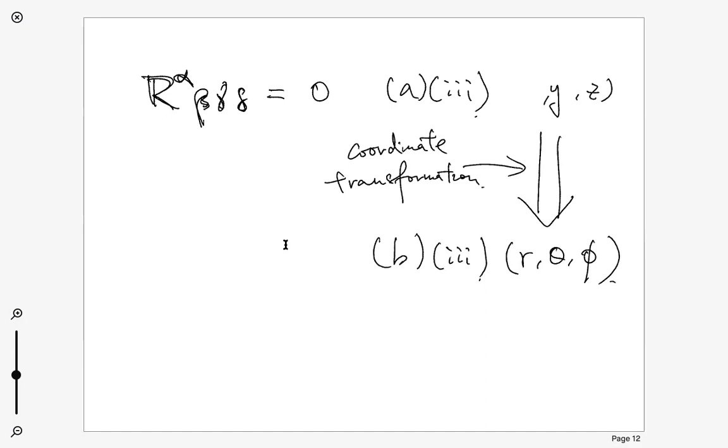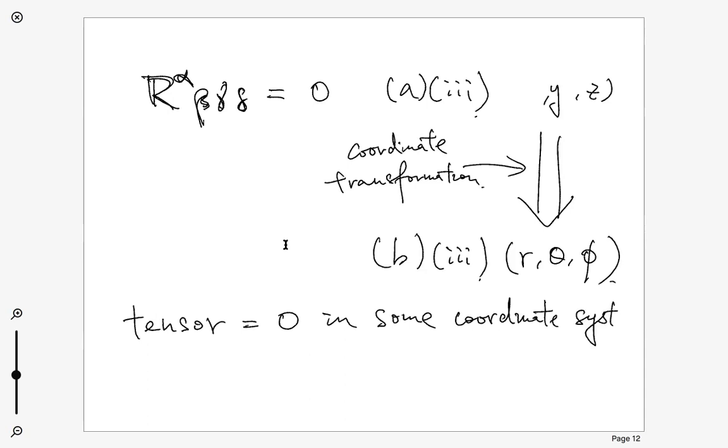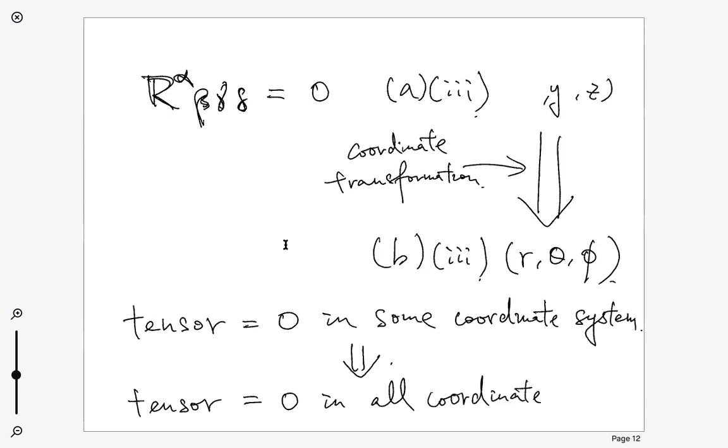And if we study GR well enough, we should notice as a fact that whenever you have a tensor that is equal to 0 in some reference frame or coordinate system, then it will imply that it's 0 in all coordinate systems.